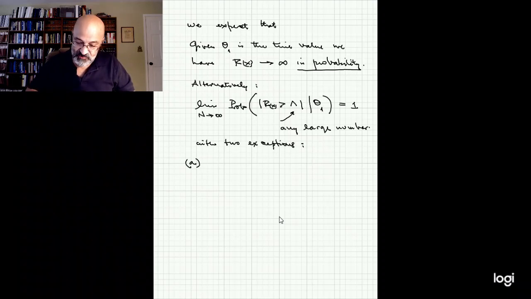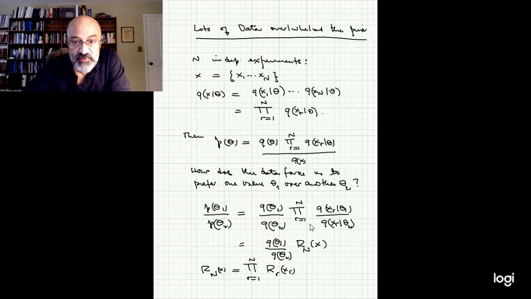Here are the exceptions. When we look at the expression for this object here, we see that if the priors, q theta 1 or q theta 2, happen to be, so for example, if q theta 1 happens to be 0 or 1 or something like that, if you have already certainty, then it doesn't matter what you're doing, you can't update, right?